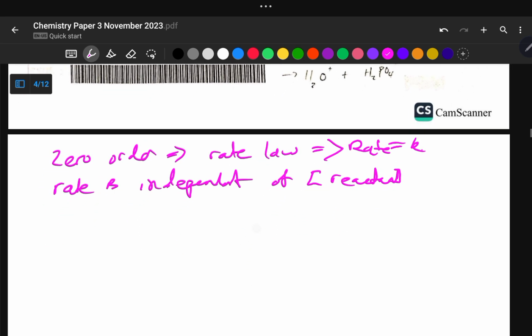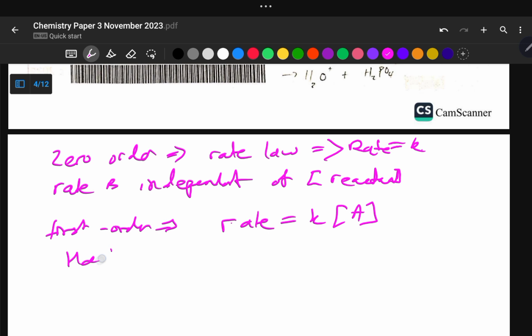And then for first order, the rate of reaction is directly proportional to the concentration of the reactant. So we have got this equation. This shows that it is directly proportional to the concentration of the reactant A. We also have a constant half-life. So half-life for first order is constant.